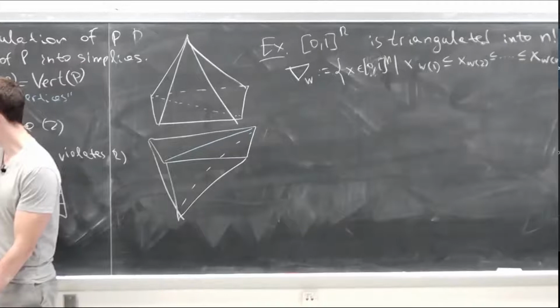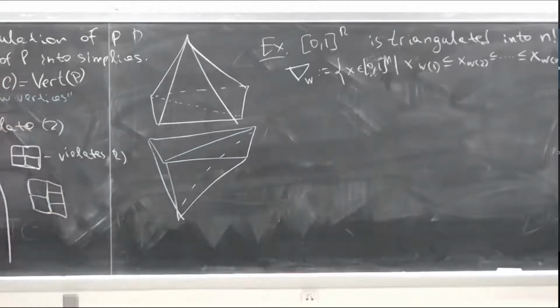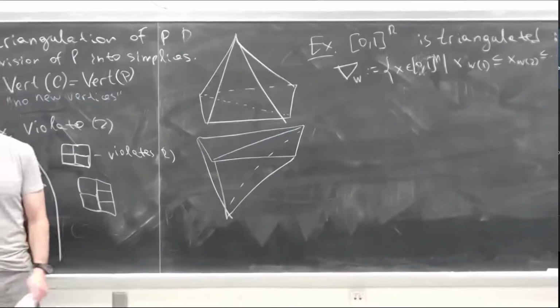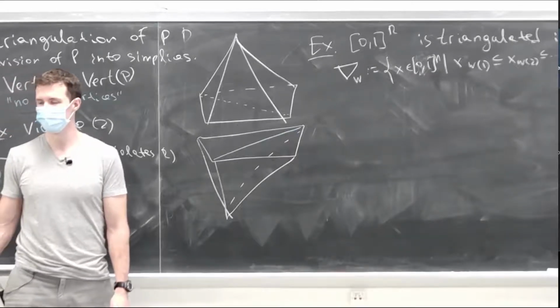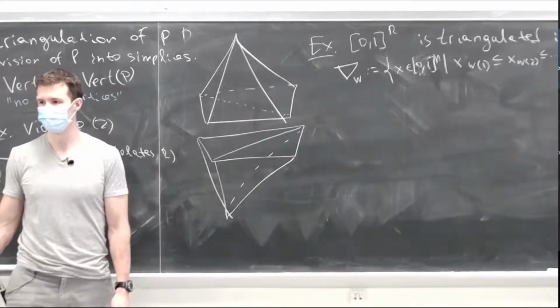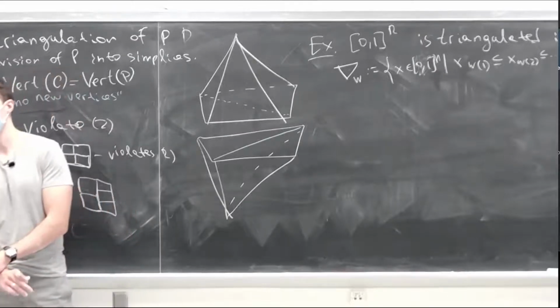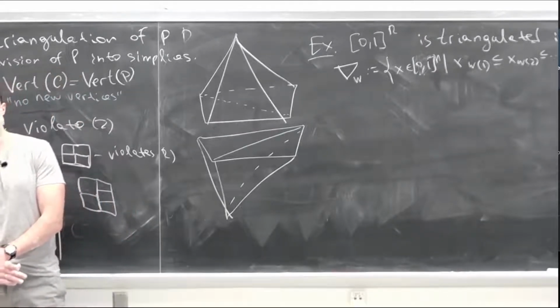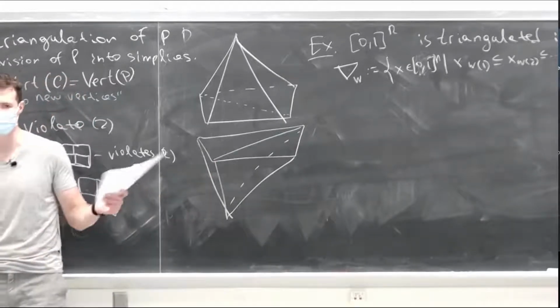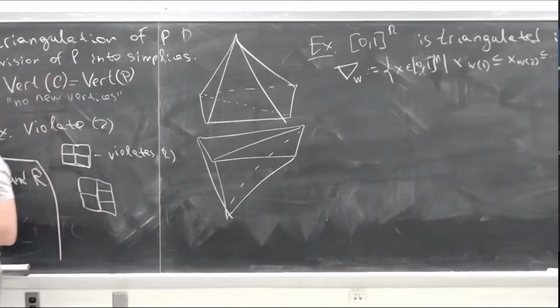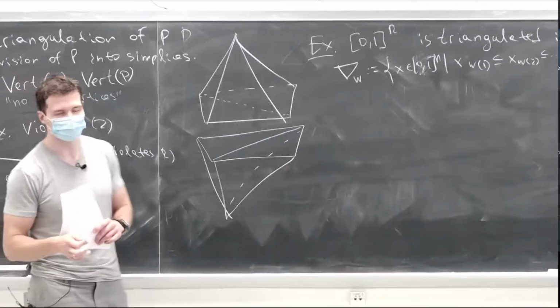What about the third one? Is it easy to see that the union of all of them is the cube? Yes. Why? If I have a point in the cube, then the coordinates are ordered, so that gives me a permutation. Nice. For the second condition, it's slightly annoying.